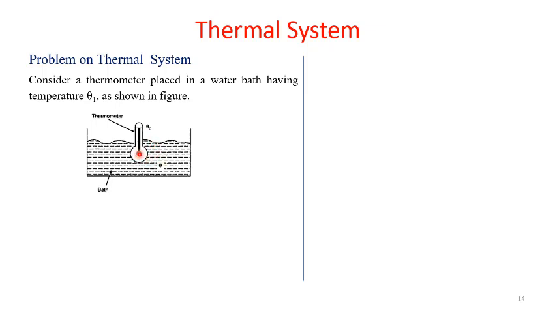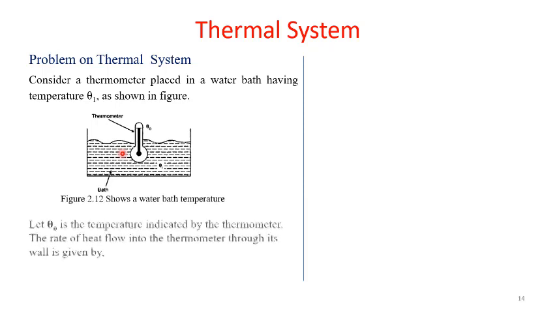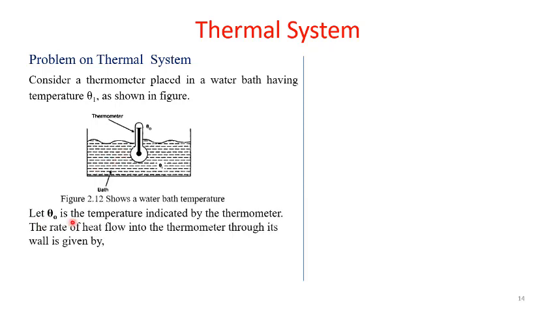The thermometer bulb will be acting as a resistance for the heat flow from the water to the mercury, and the specific heat of the mercury will be acting as the capacitor. Let θ0 be the temperature indicated by the thermometer.